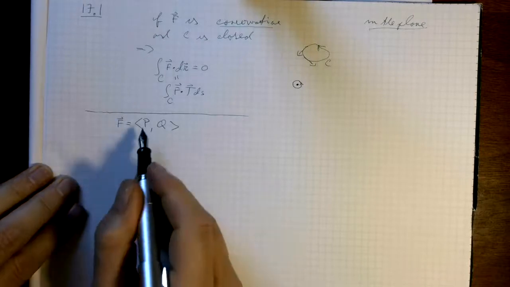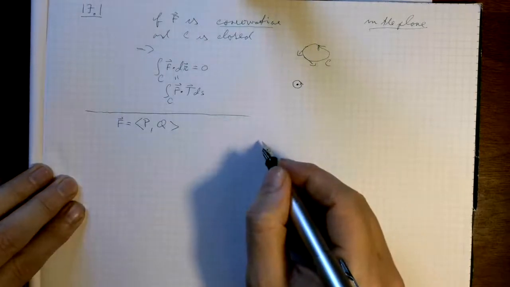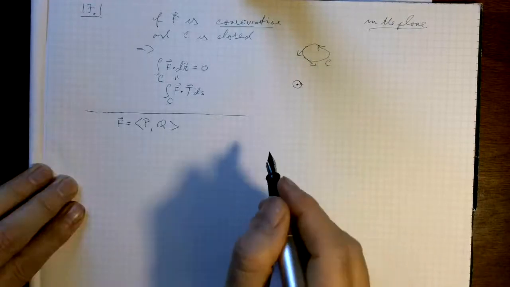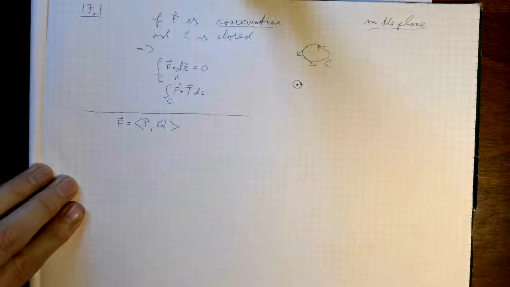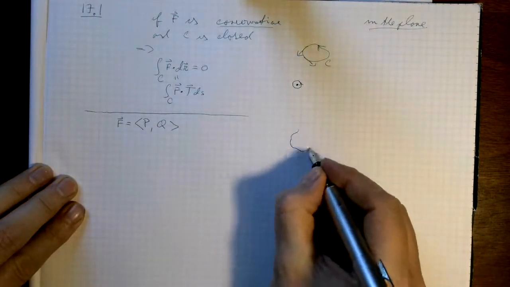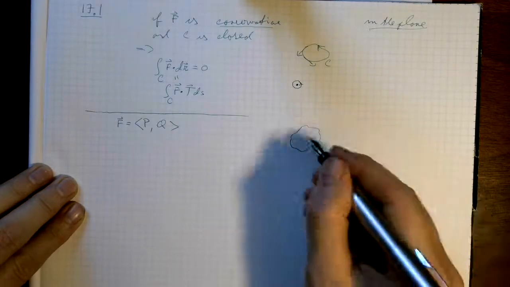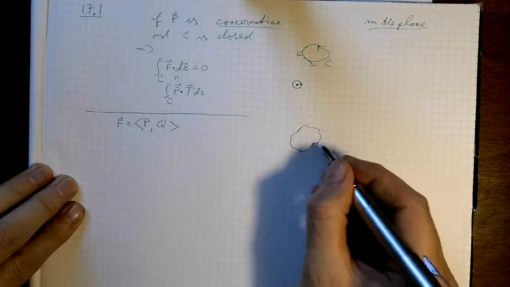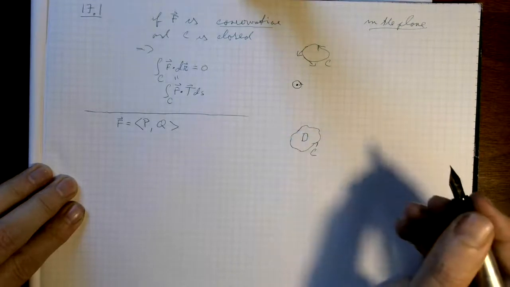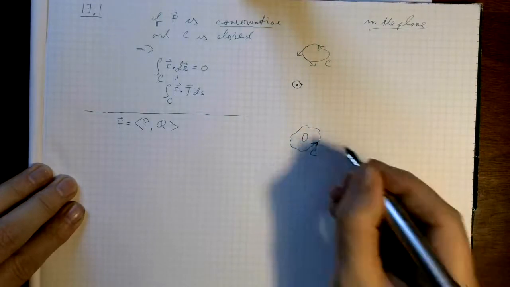The first thing we need to figure out is where we are going to integrate over. We're going to integrate around some C, which is the boundary of some region D, and it's going to be so-called positively oriented.